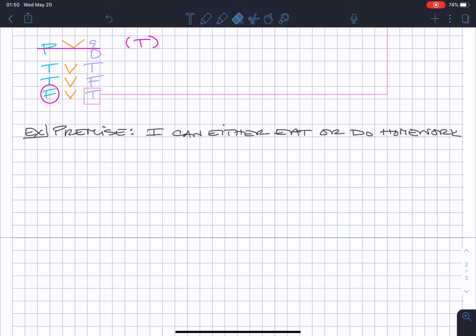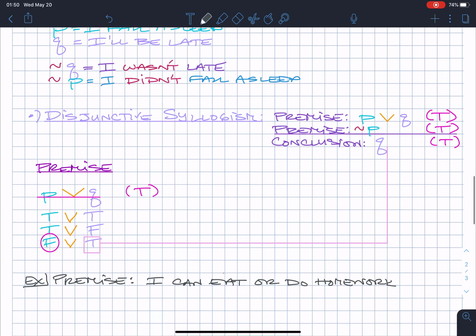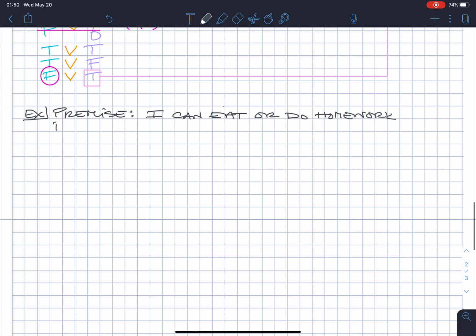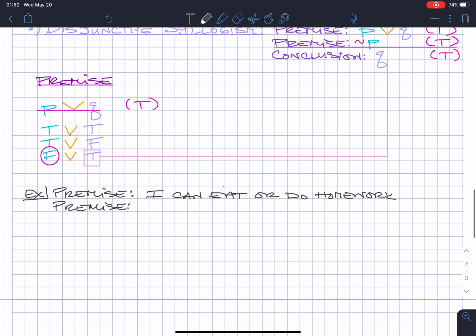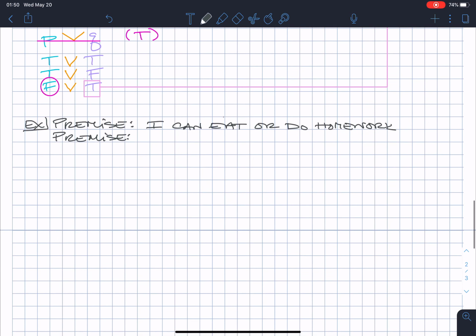Let me just forego the either this time. I can eat or do homework. So that's my P or Q. My other premise will be not P, so let's say I didn't eat.